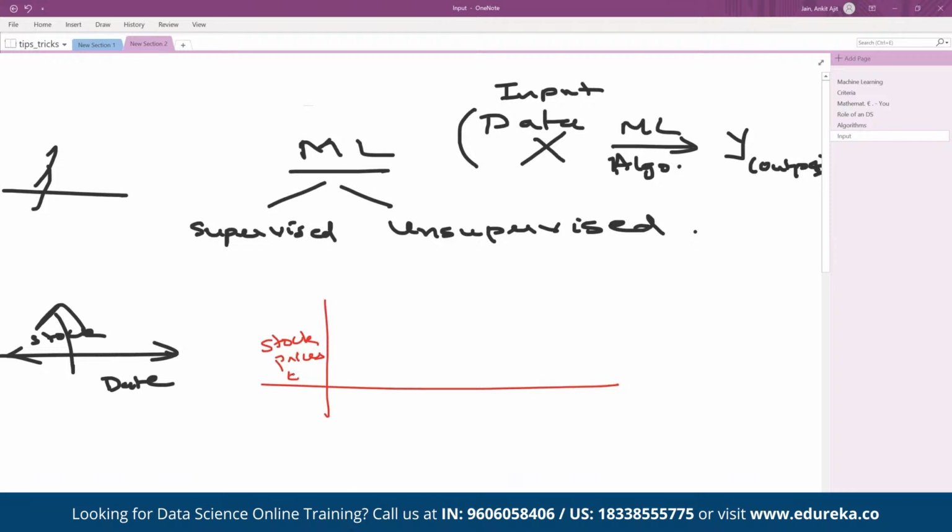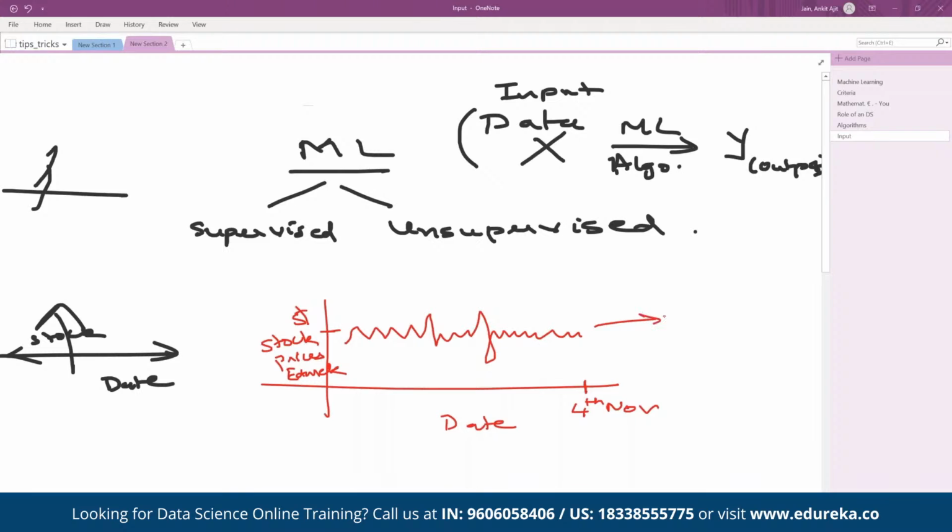Let's say Edureka has a share, and we want to see the behavior of Edureka with respect to date, the 4th of November, and we know the prices till today. Suppose these are the Edureka share prices, in dollars.